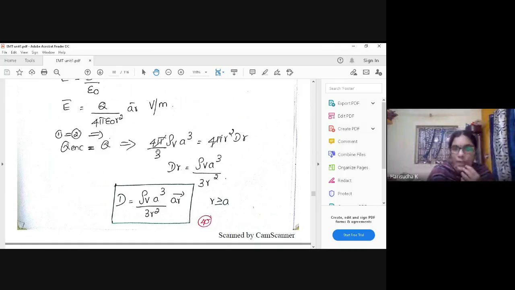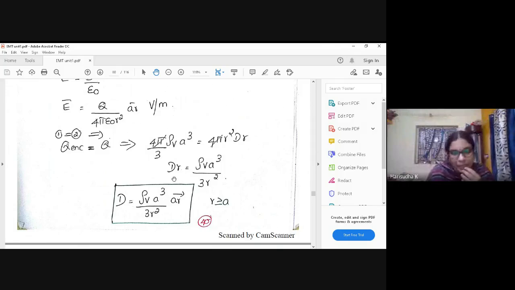We have equated both the things. Cancelling all the possible terms, I try to find what is my Dr. So Dr will be equal to rho v a cube divided by 3r square.